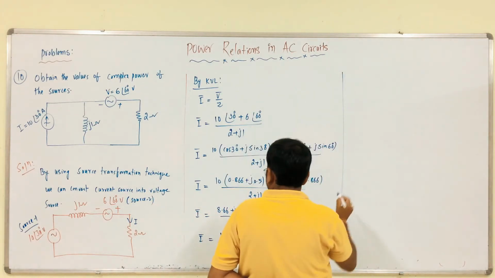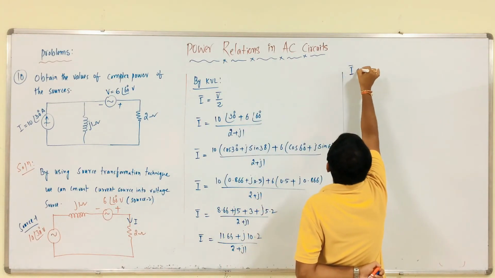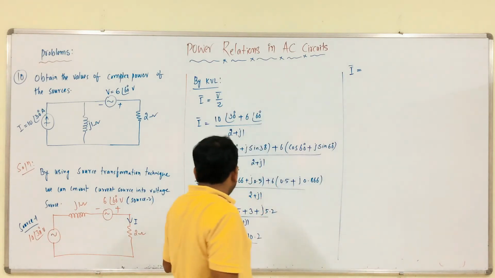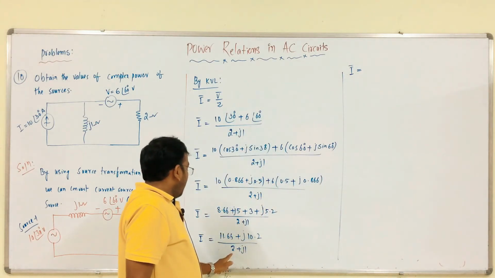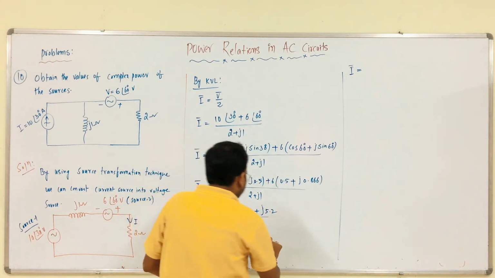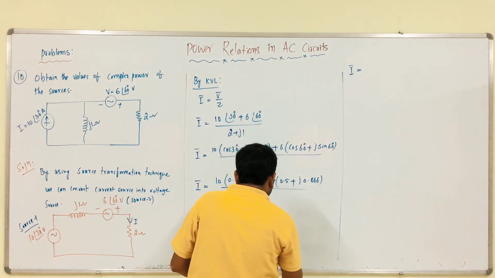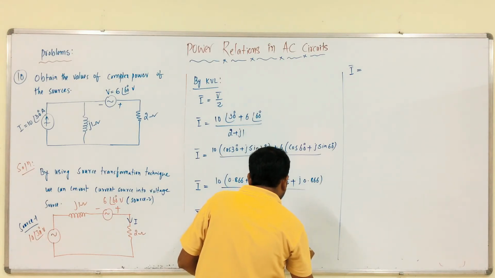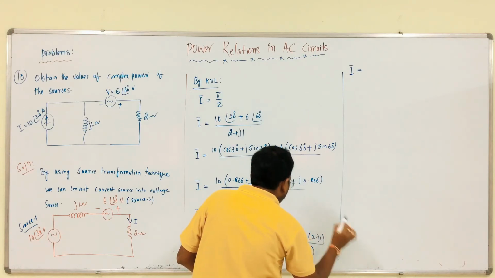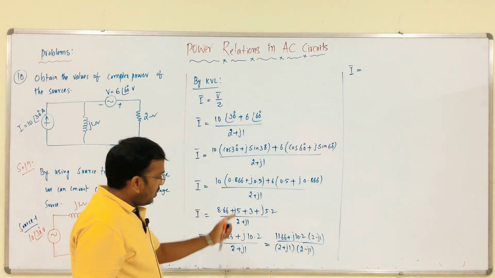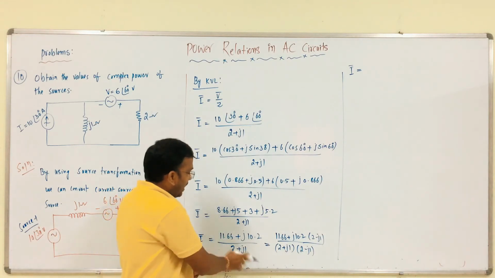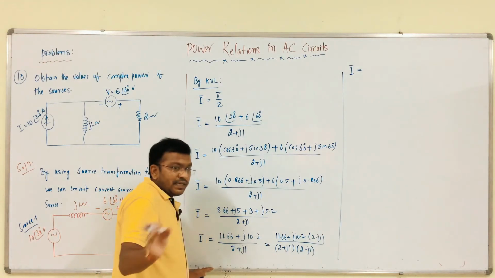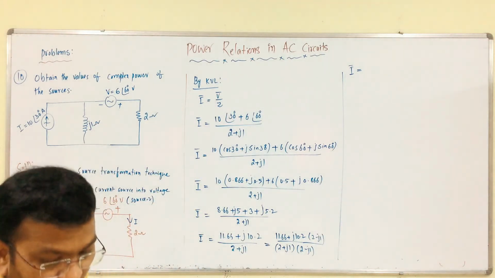Okay. Therefore, I is equal to 11.66 plus J 10.2 by 2 plus J1, into, we can multiply 2 minus J1 by 2 minus J1. This is a very big process, right? So like this you have to calculate the value of I, or by using the calculator you can get the value of current.